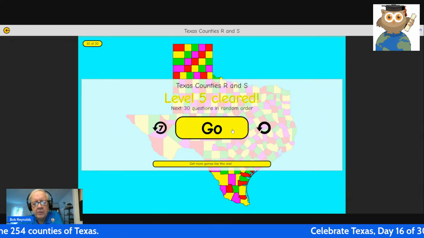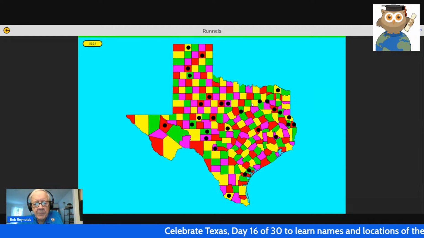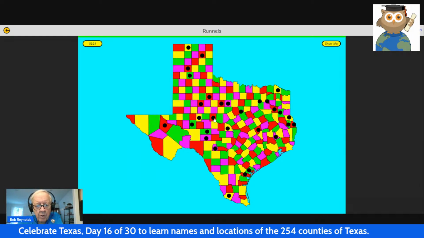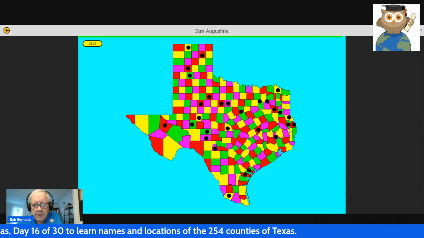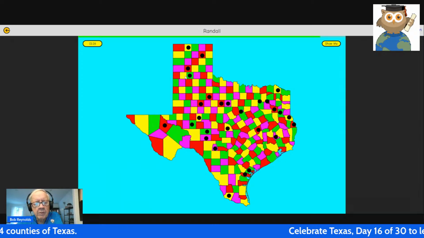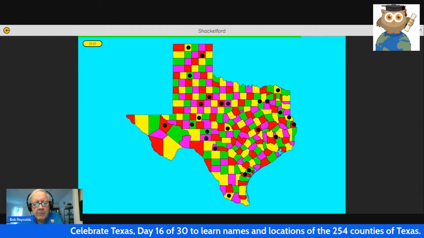Now let's go to the next mode, which is in random order. Click the go button. It asks for Runnels. Runnels is between Concho and Coleman. San Augustine, right next to Sabine, right below Shelby. Randall. Randall is a red one. Smith. Somerville.